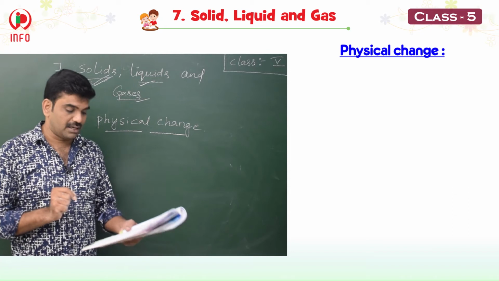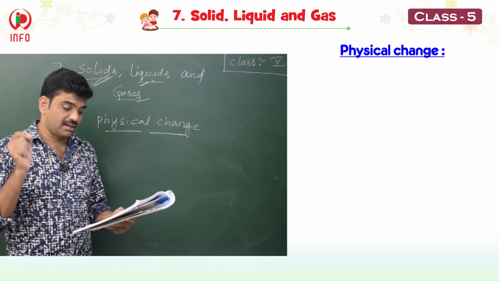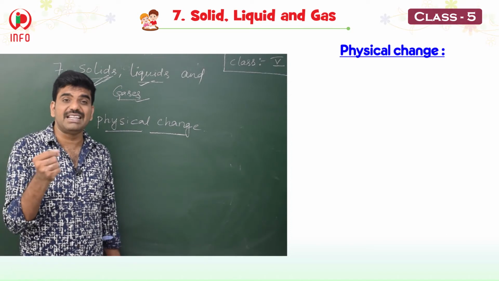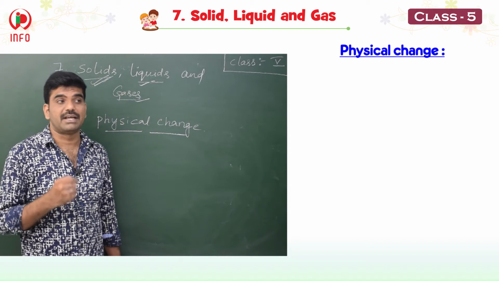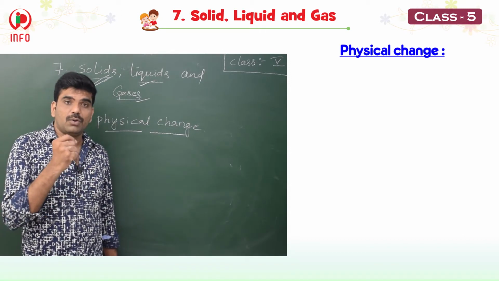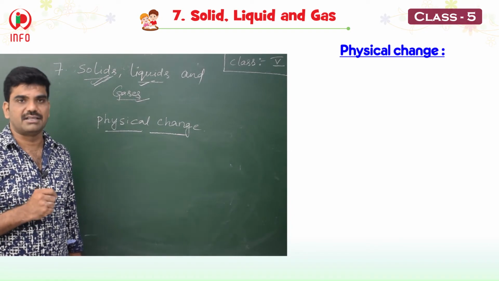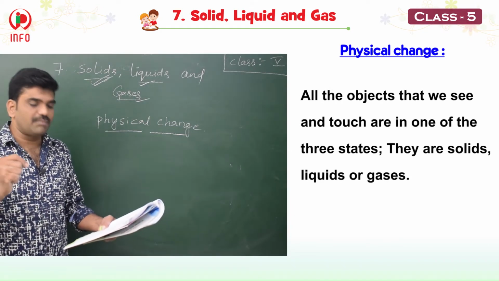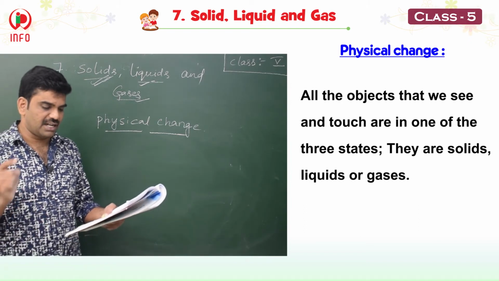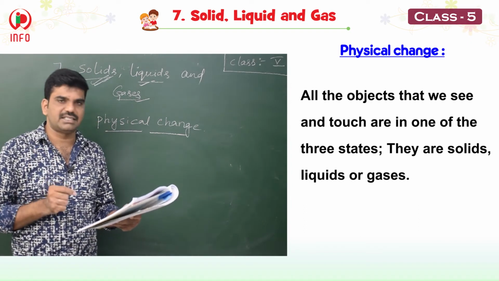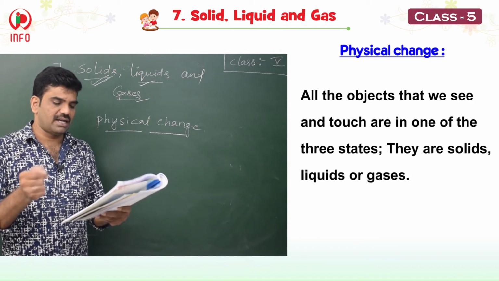We can touch the liquids, and we feel the gas. I told you that we can feel the coolness of air and hotness of air, but we can't see it. All the objects that we see and touch may be solids, liquids or gases.